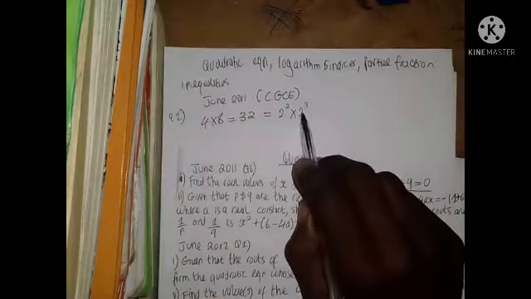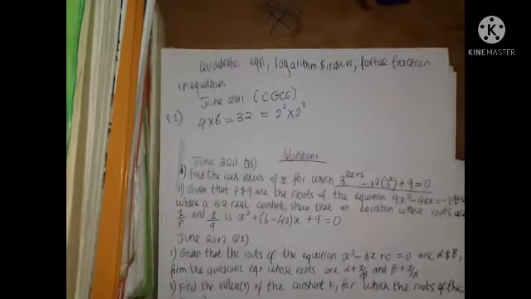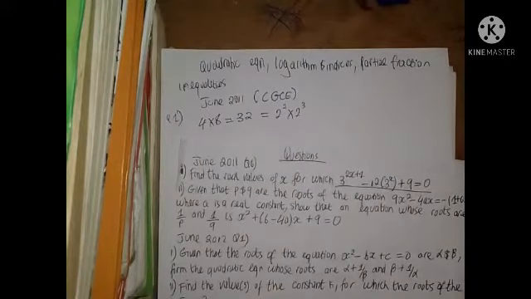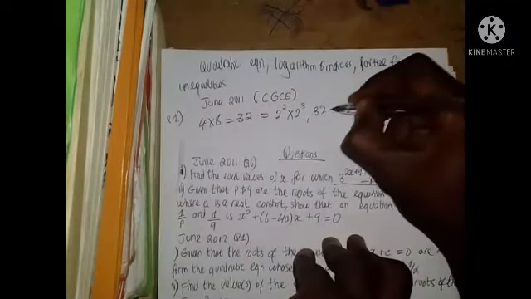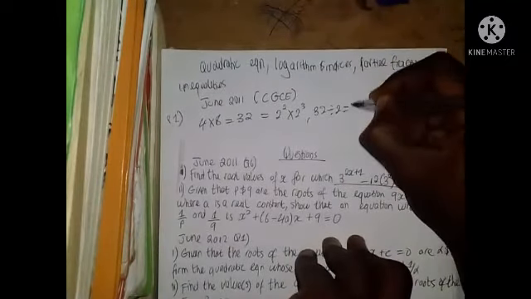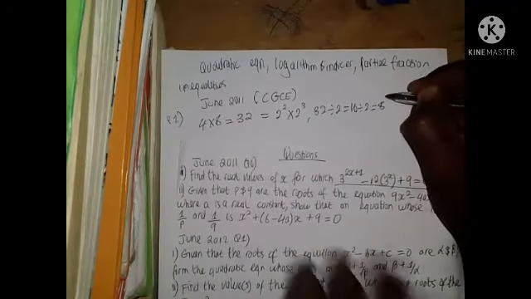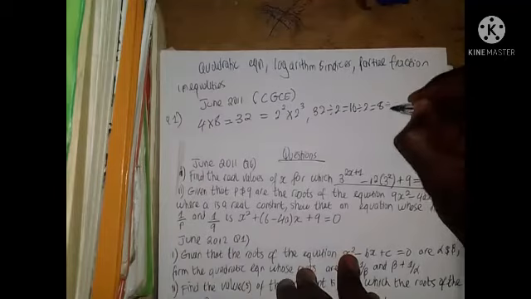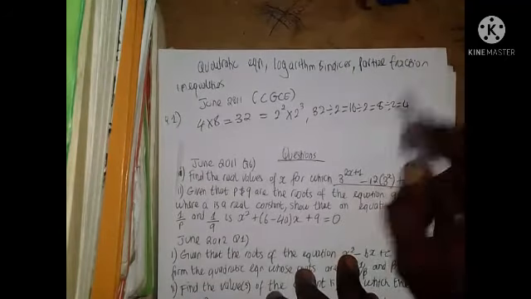So this is equal to this, and now 32, try and divide 32 by 2 until you get a value of 1. So let's say we have 32 divided by 2. This is equal to 16. This is already 1 time. Divided by 2, this is equal to 8. This is 2 times. Divided by 2 equals 4. We have 1, 2, 3.